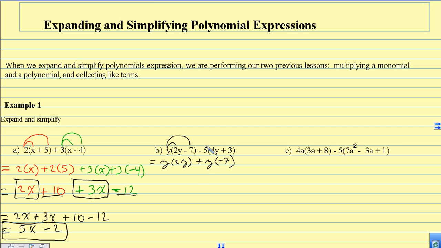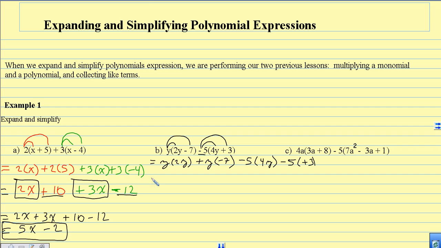And then we'd have minus 5 multiplied by 4y, so minus 5 times 4y, and then minus 5 again times positive 3.